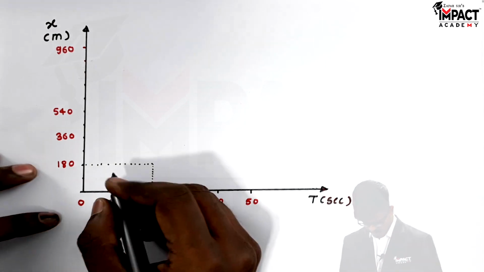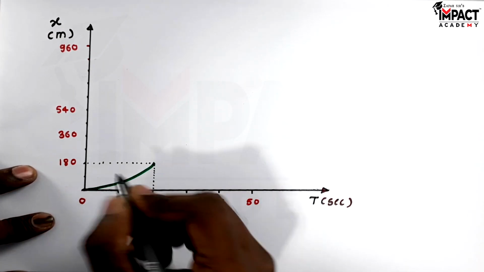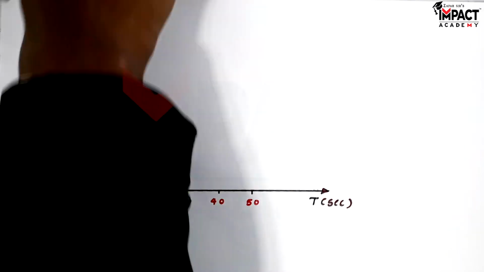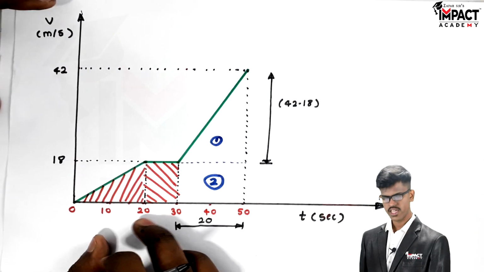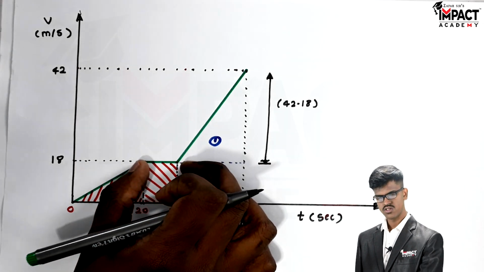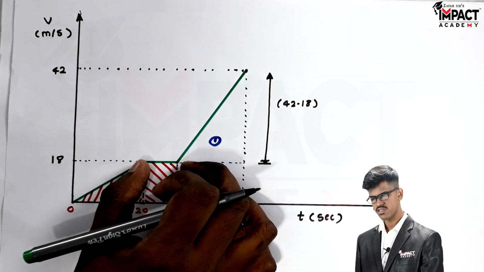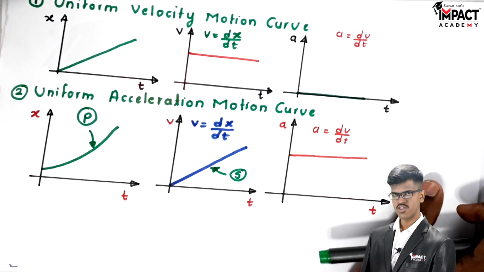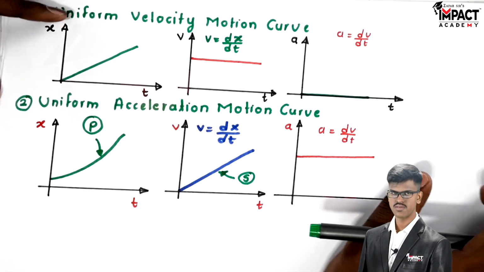So we just draw a parabola. Next, from 20 to 30, velocity is constant. So velocity is constant means, in this graph, it is a uniform velocity motion because velocity remains constant.